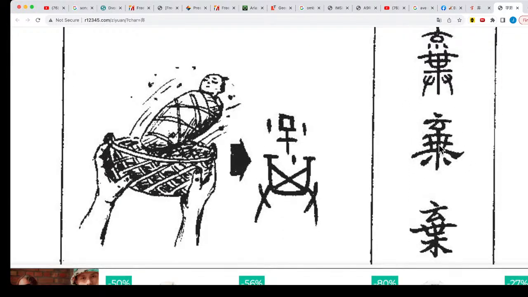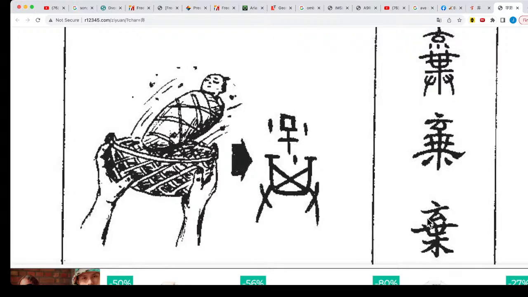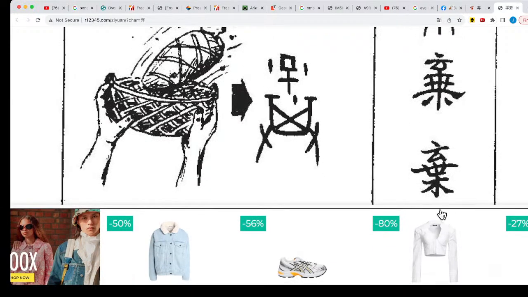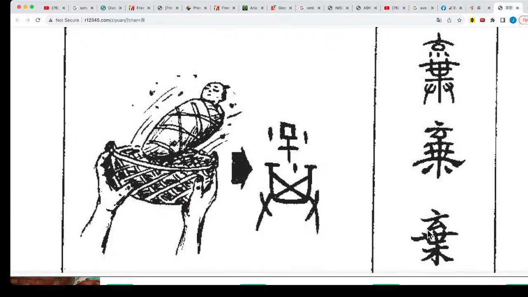Now of course later on they further standardized. You cannot tell the hands that contain the baby anymore. It kind of vaguely has it. So this is the traditional way of writing this character.